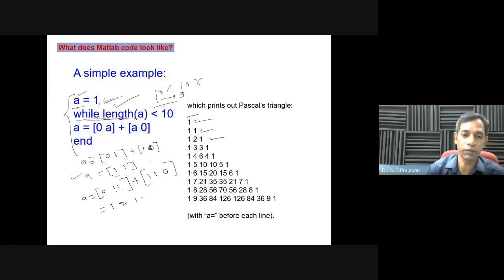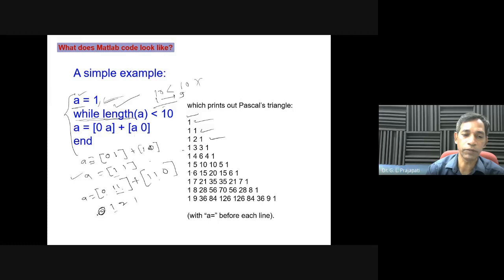Then next time, 1 2 1 plus 1 2 1, once you are going to add, you will have the situation like this. A is 1 2 1, so here you will have 1 2 1, and here you are having the 0.